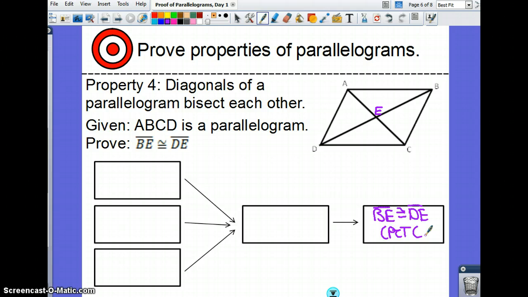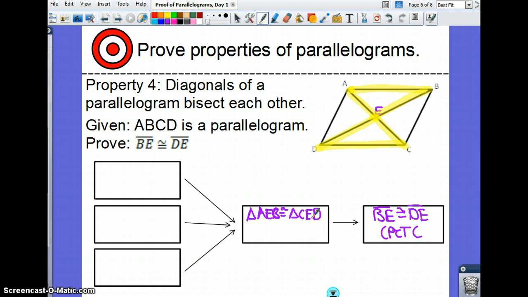The triangles we're going to prove congruent to each other, we're actually going to prove these smaller triangles now. We're going to prove that triangle AEB is congruent to, I'm sorry, triangle CED.